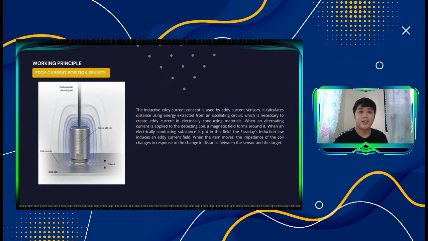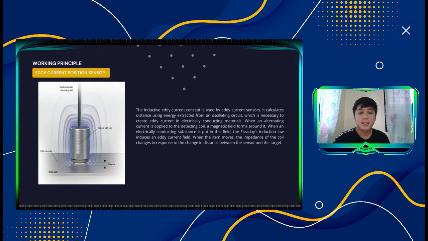Next is the eddy current position sensor. The eddy current sensor operates based on the inductive eddy current principle. It measures the distance based on the interaction of energy from an oscillating circuit, which is required to generate eddy currents in electrically conductive materials.